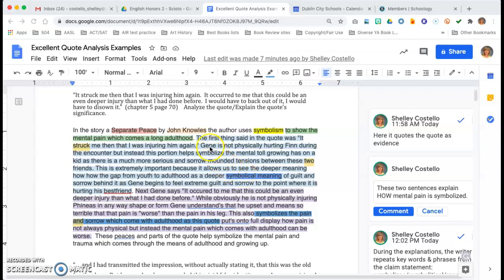All right, so this person then took roughly 3 extended sentences to help show how their analysis supports, backs up, proves their claim about symbolism showing mental pain, which comes along in adulthood.